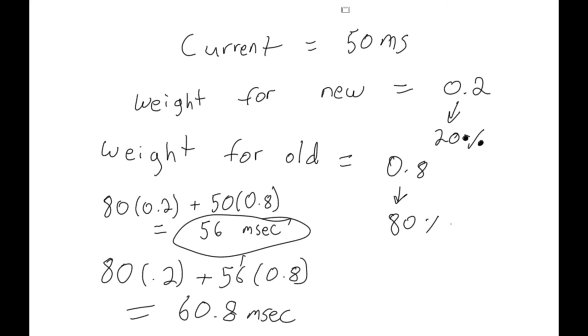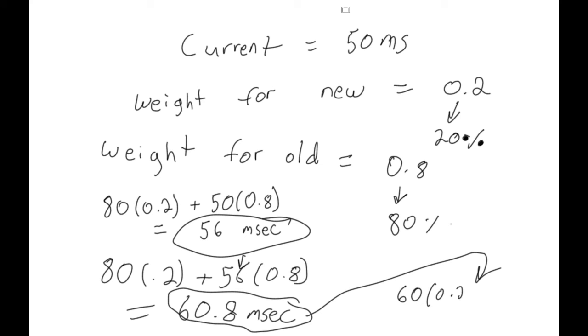So I'm just substituting it in, because this is the old round trip time. Every time I get a new acknowledgement, that round trip time changes, and I need to factor that in. So my third acknowledgement is 60 milliseconds, so that's 60 times 0.2 plus 60.8 times 0.8. And when you finish that, you get 60.64 milliseconds.